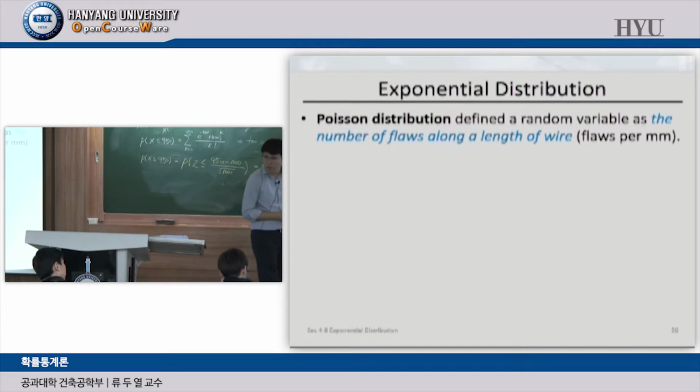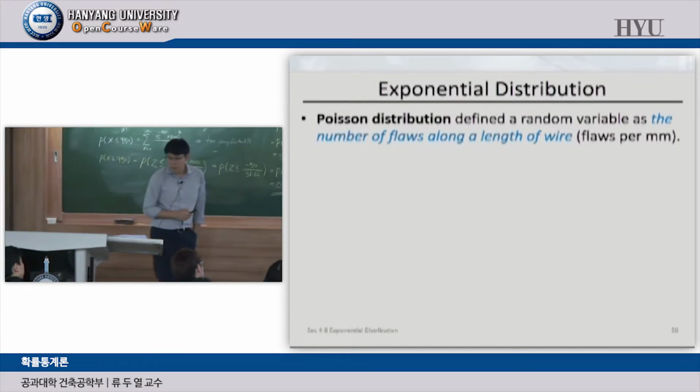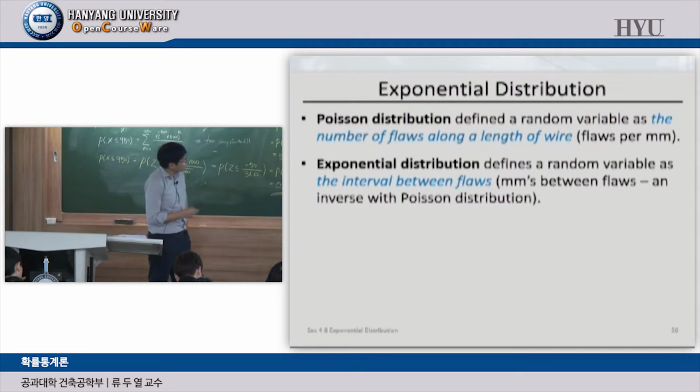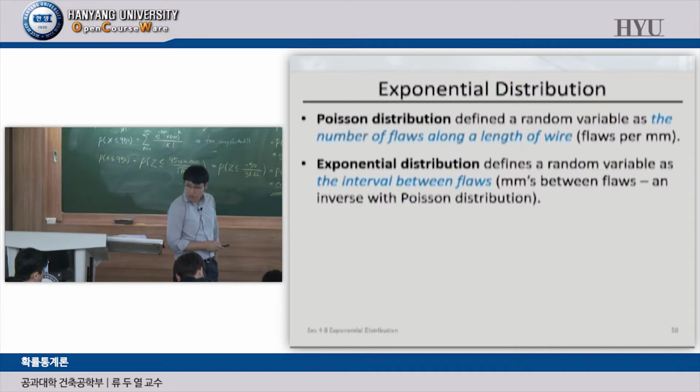That is the Poisson distribution, right? And what is the exponential distribution? The exponential distribution defines the random variable as the interval between flaws, which means certain millimeters between flaws. And this is an inverse of the Poisson distribution, okay?